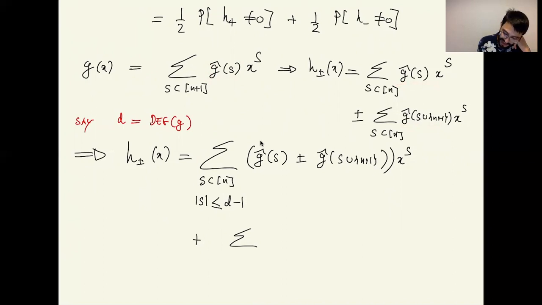However, these terms came from the guys that didn't have n plus 1. And these guys came from the sets S that do have n plus 1, because we had to remove it since we're setting x_{n+1} to be either plus 1 or minus 1. So then you have what?